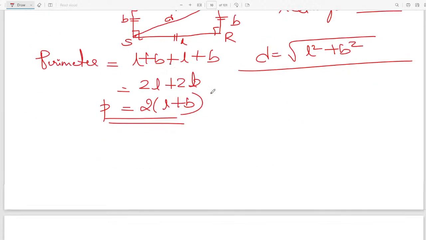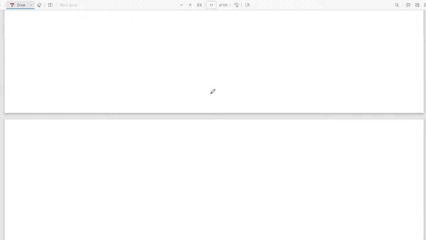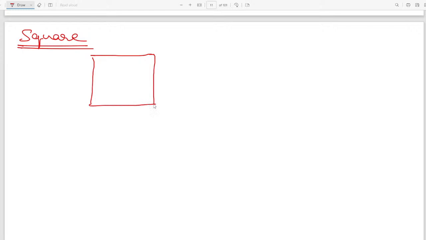Once this is done, we'll move to the special type of rectangle, that is the square. Square is also a rectangle, so don't forget that. A square is nothing but a polygon where all the four sides are equal.